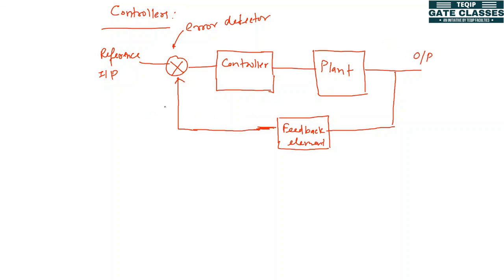So you can see in a control system some portion of your output is applied through feedback to the error detector.